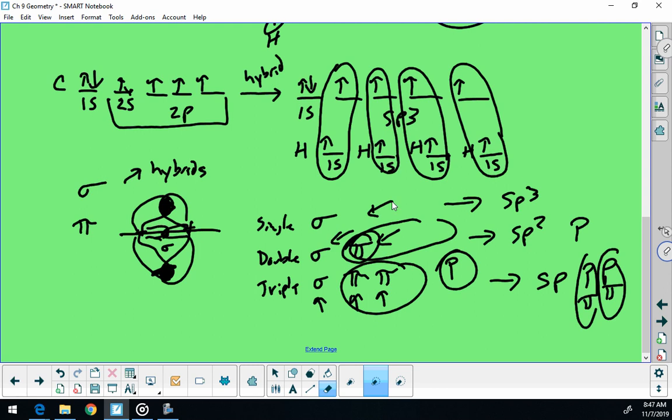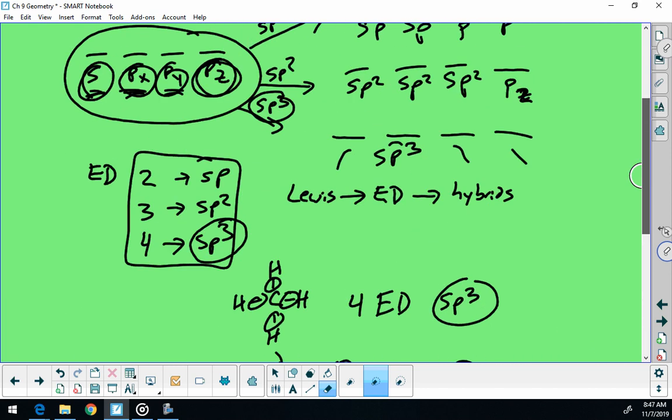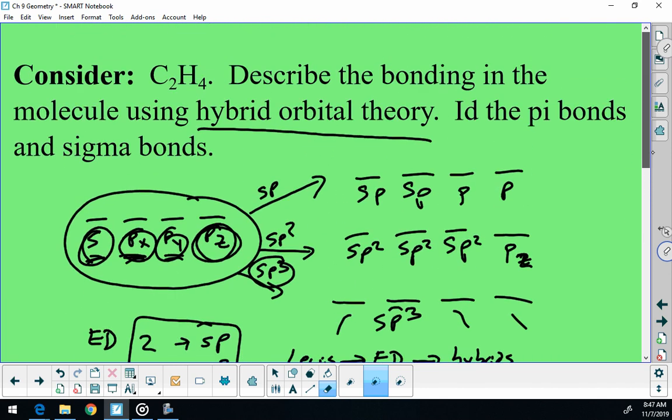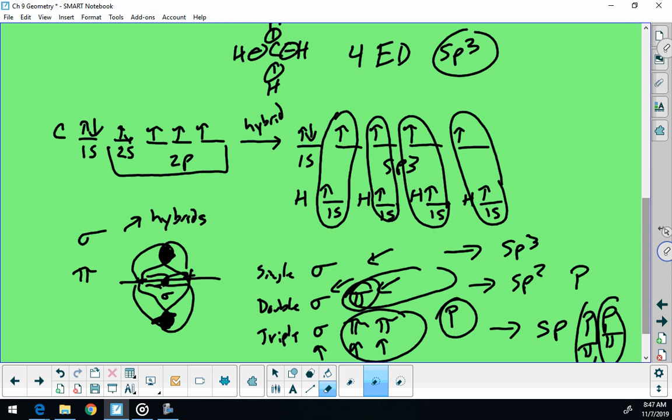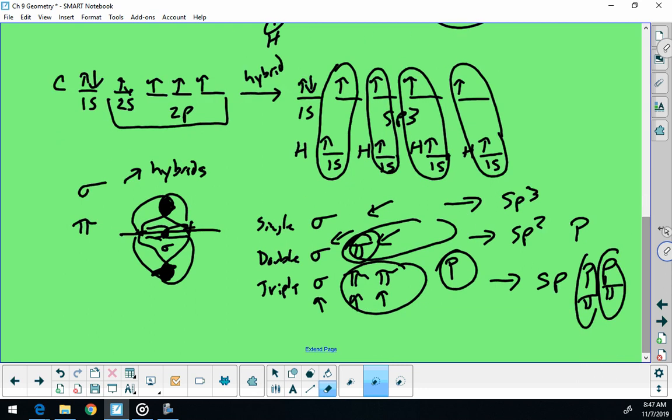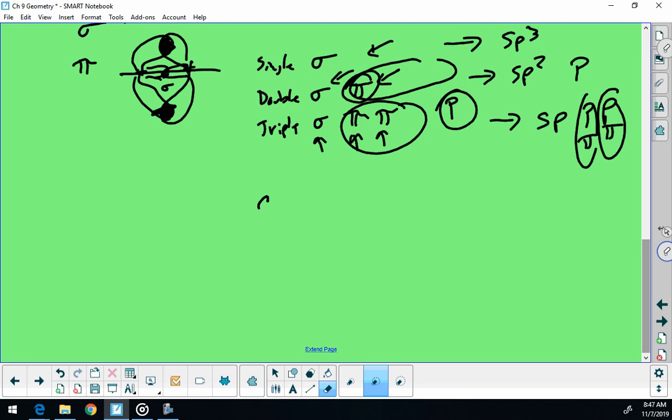All right? So now let's take a look at this question right up here. I've got C2H4. Let's work that out. C2H4 is this kind of Lewis structure. So let's take a look at the hybridization around this carbon.